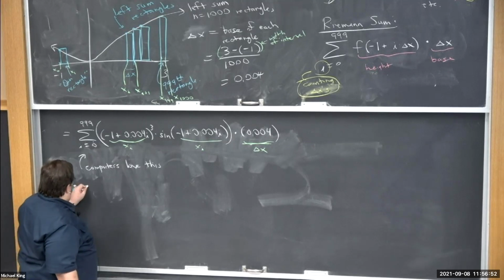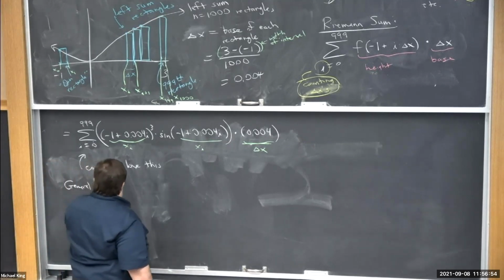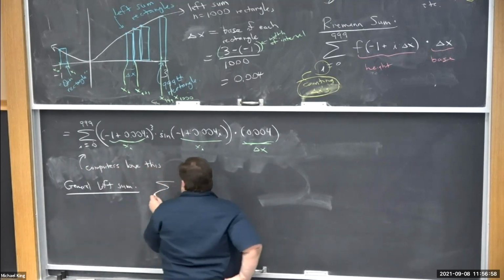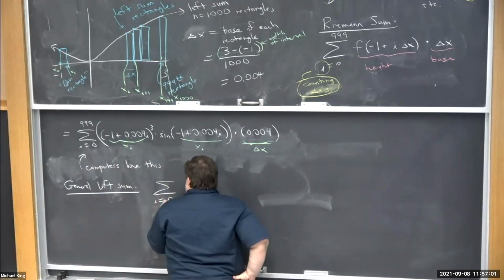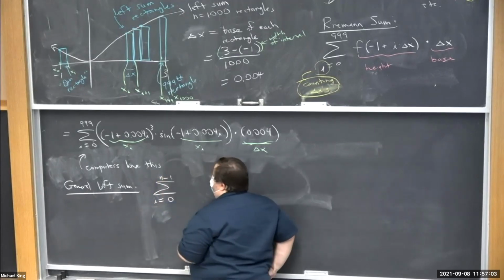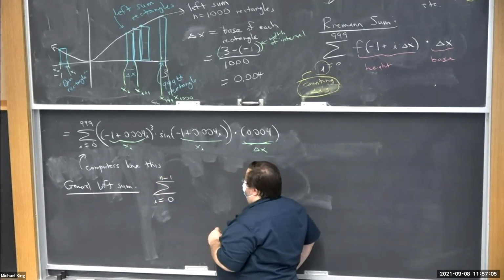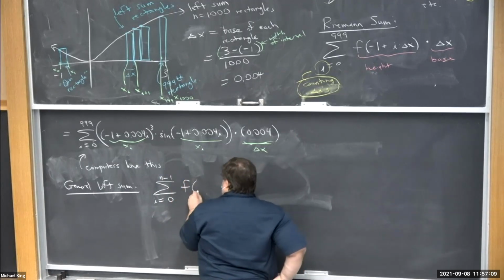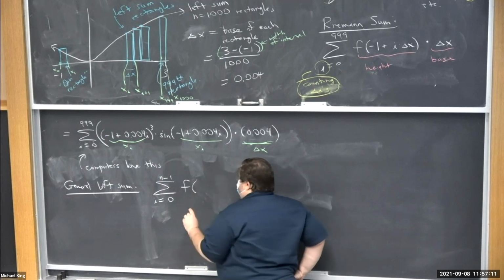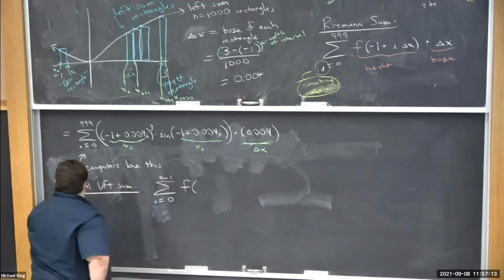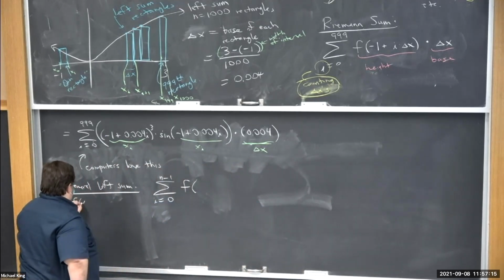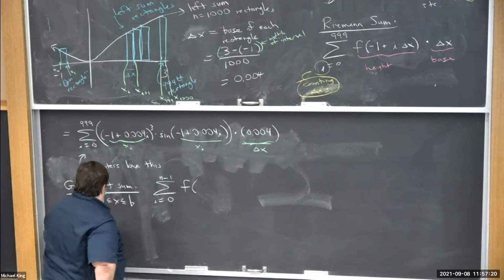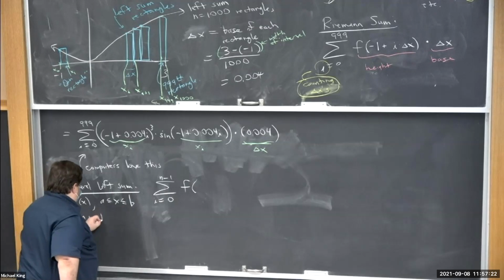And I said the general left sum was, I wrote this last time, but I did it kind of quickly at the end of class. So I'm just hoping it will be a little bit more clear from this example, which is you just do f, actually, so this is f of x, a less than or equal to x less than or equal to b, and n rectangles.